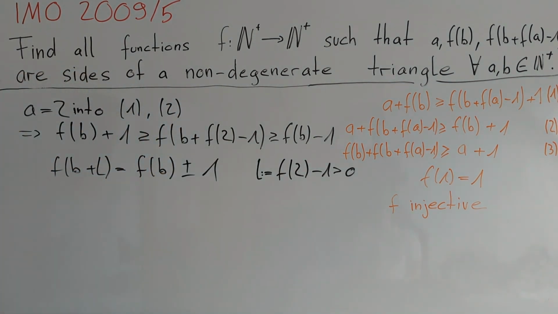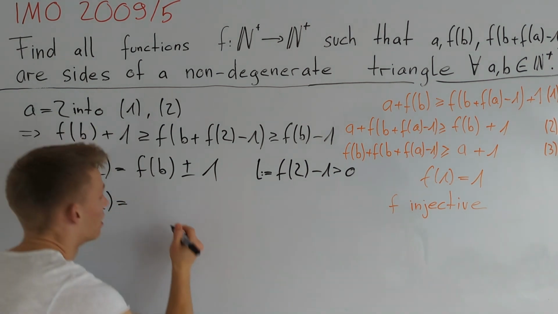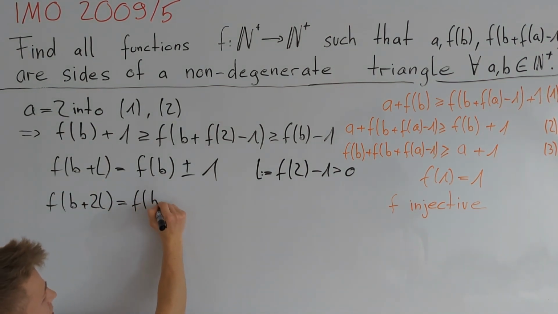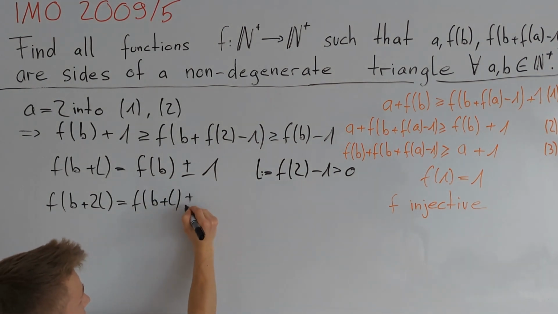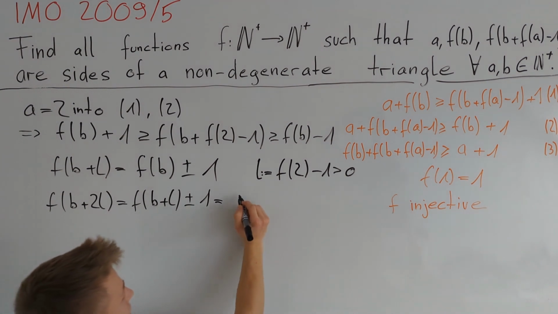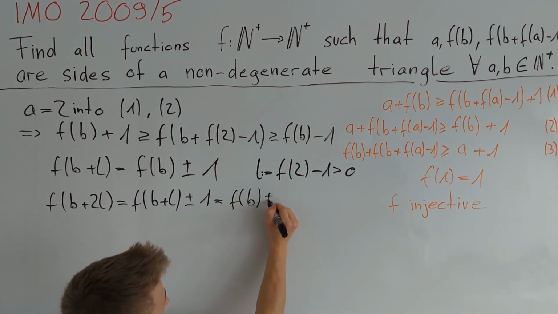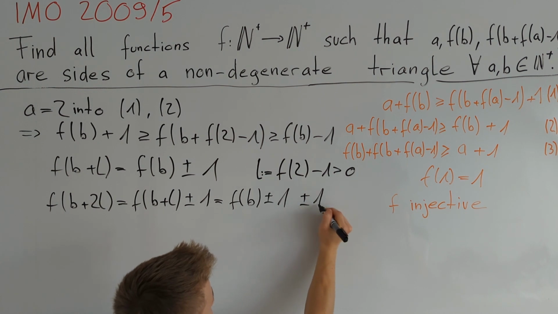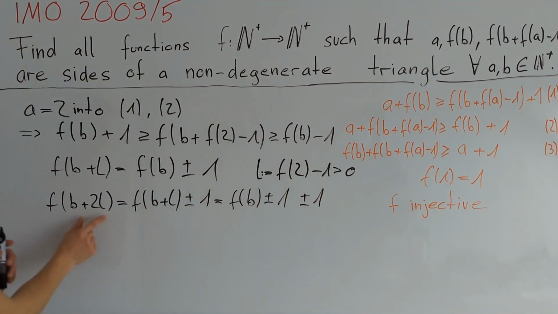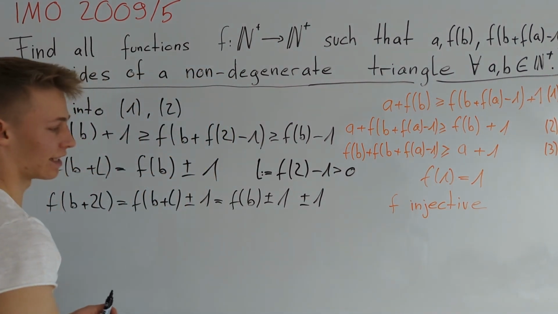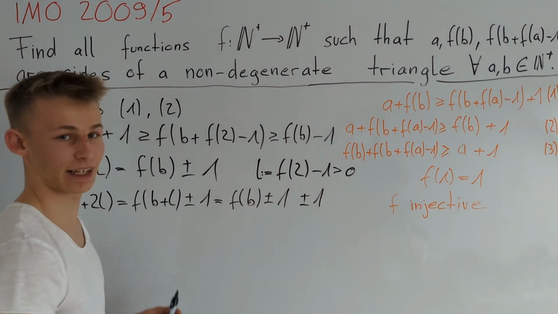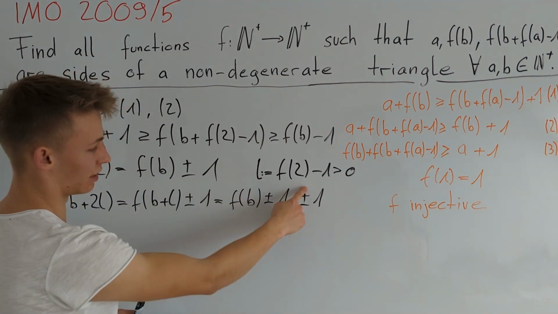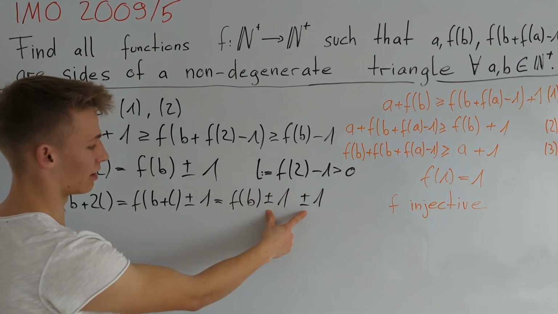This equation can be now used repeatedly, and we can say that f of b plus 2l is equal to f of b plus l plus minus 1, and this is now equal to f of b plus minus 1 plus minus 1. Since l is greater than 0, we know that b plus 2l is not equal to b. And now, since f is injective, we know that the plus minus 1s on the right hand side can't cancel out. Therefore, we must have in both cases the plus, or we must have in both cases the minus.